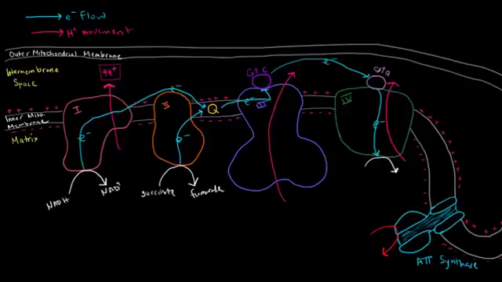Then the electrons from coenzyme Q go over to complex number 3, and then to cytochrome C.